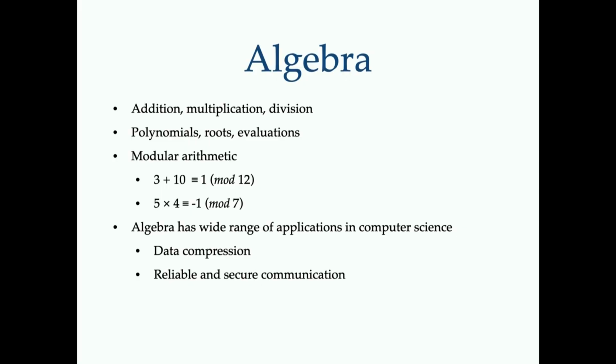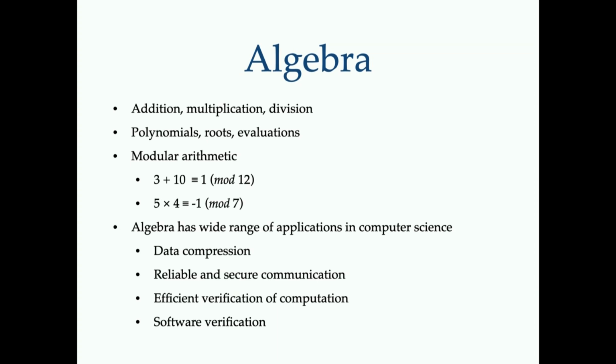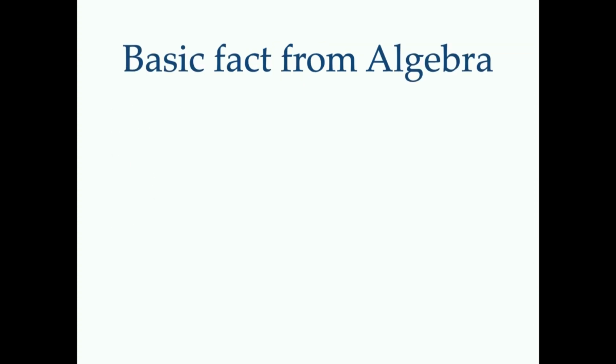Also cryptography, for reliable and secure communication: a fundamental tool there is algebra. Efficient verification of computation, which I talked about, is one of the fundamental things in blockchains, and again it's based on polynomials. Some people are now also using algebra for software verification. So algebra has lots of uses.